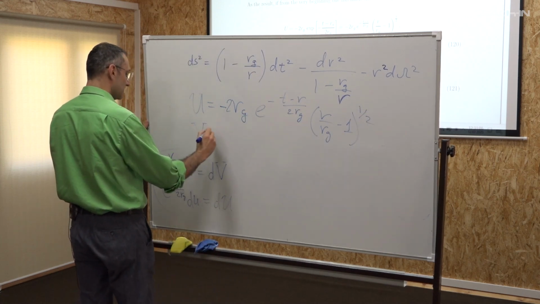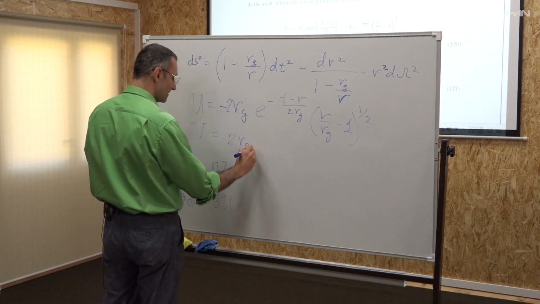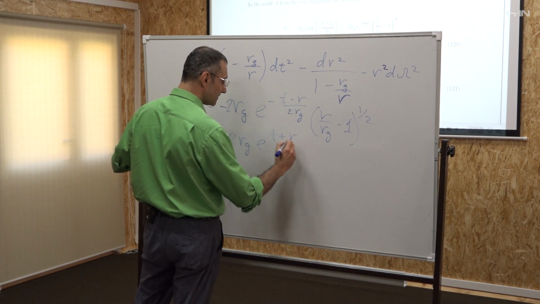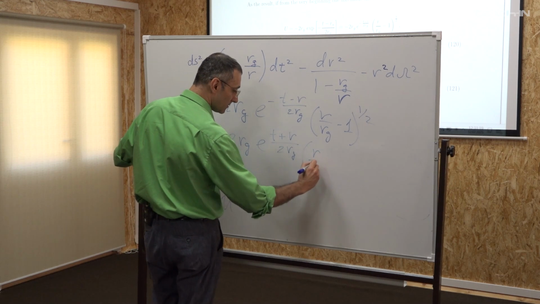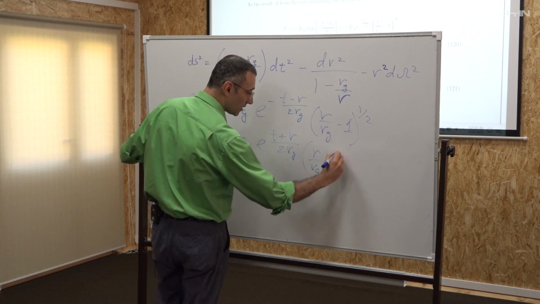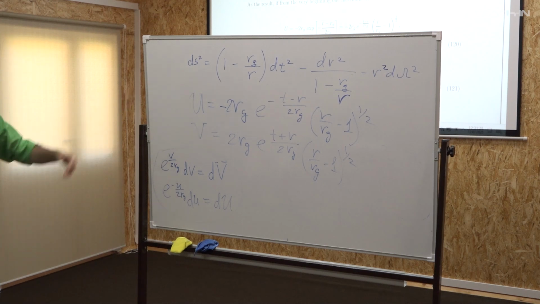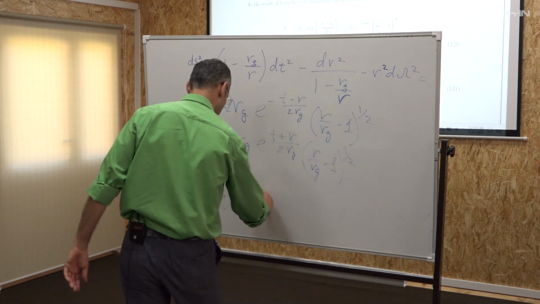And v big, like this: 2rg exponent to the power of (t plus r) divided by 2rg, times r divided by rg minus 1/2. So if I do such a transformation, this metric becomes as follows.